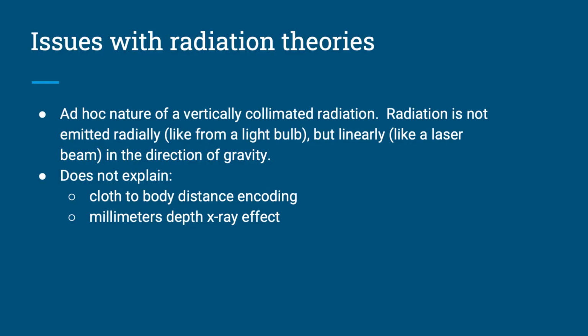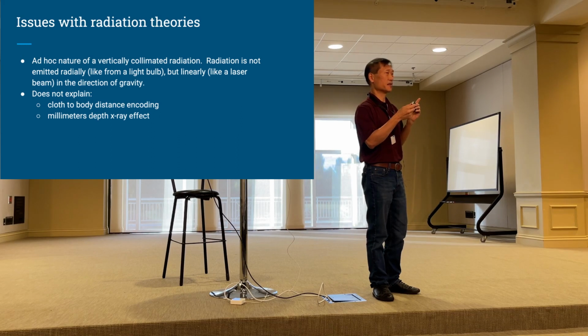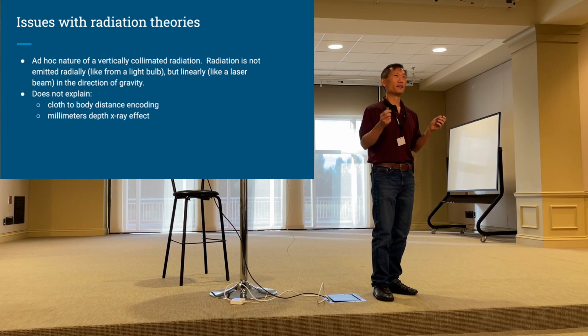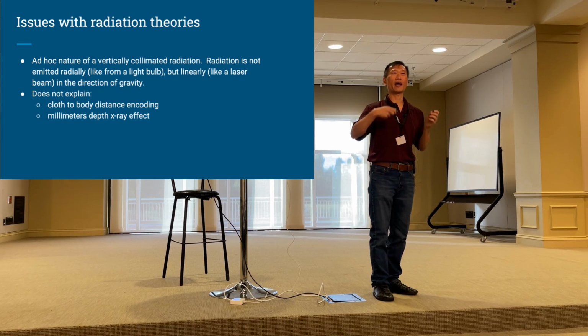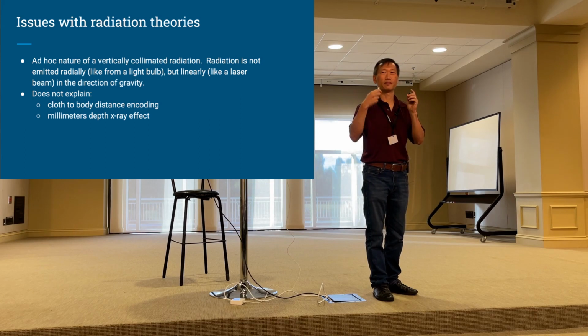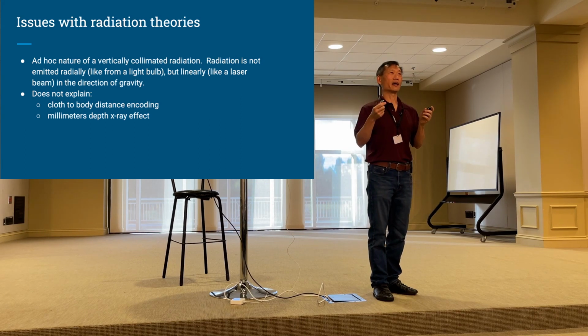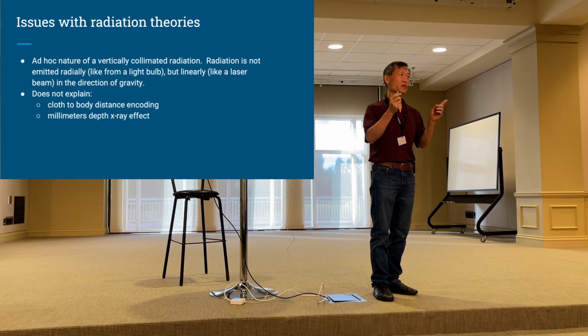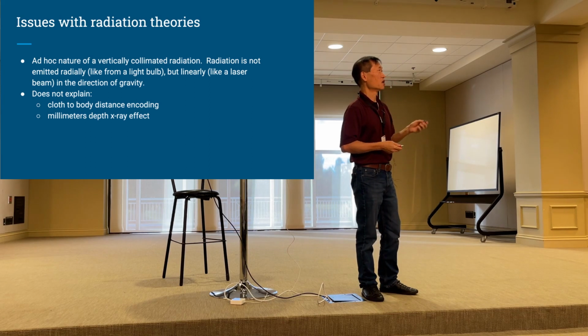So the issue with the radiation theories, the corona discharge and the neutron radiation, is this ad hoc nature of the vertically collimated radiation. Now, it could happen, but you just have to add this additional proposal. And so, using Occam's razor, hopefully you would prefer the one that is less ad hoc. It also does not explain the cloth-to-body distance encoding.